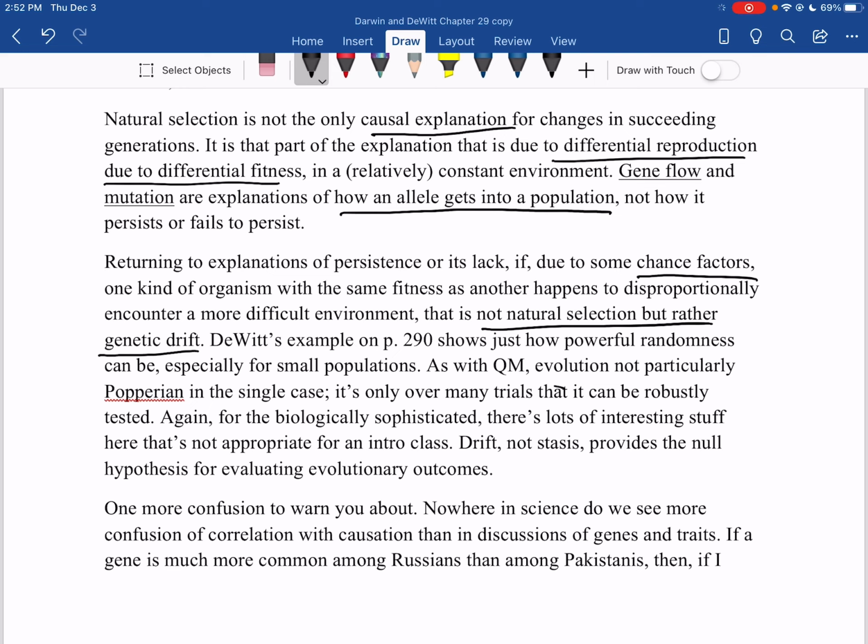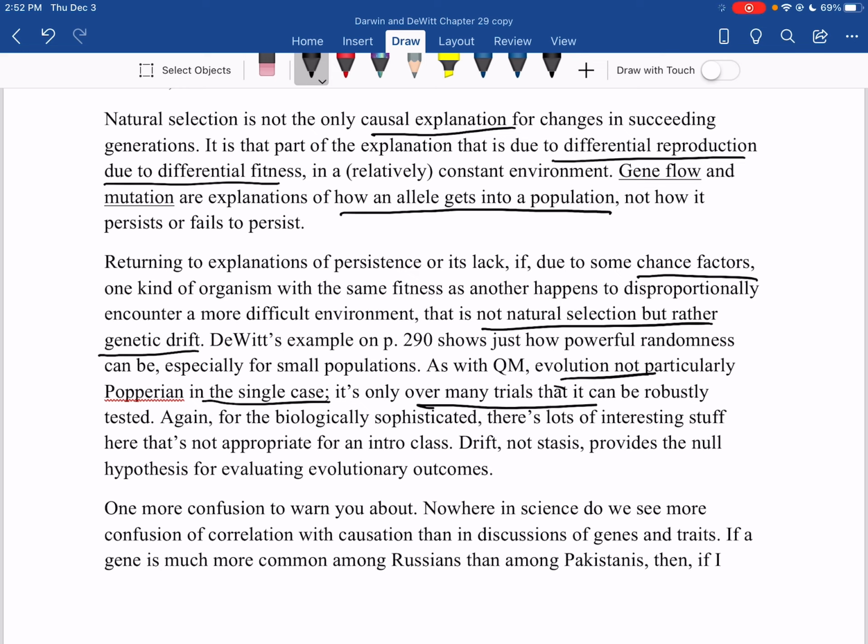This makes evolution less testable than one might have hoped, and that was part of Popper's diatribe in the late 60s and early 70s against evolution. As you might remember from way back in August, he recanted. Probabilistic theories are hard to test in the single case because it's not clear what the truth maker is for saying that something is likely to be the case. It either happens or it doesn't.